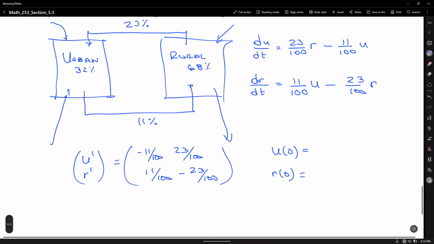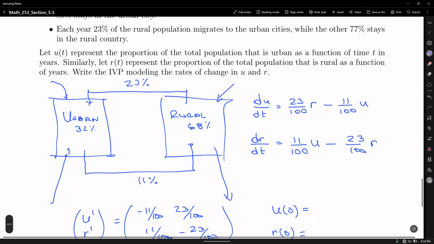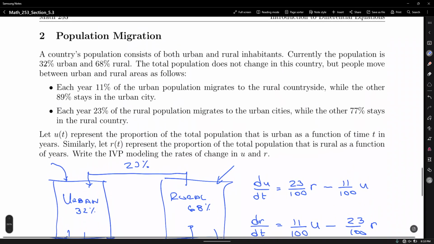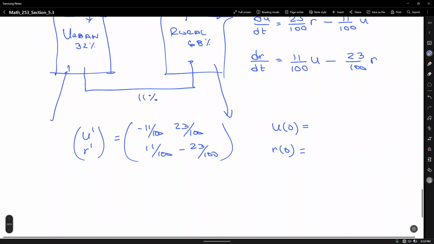Well, that's related to, guess what? The initial population. Where do we get the initial population from? The information here: 32% urban, 68% rural.